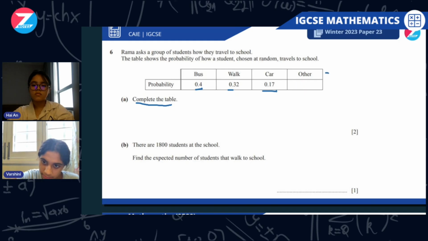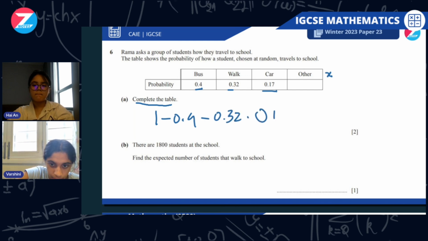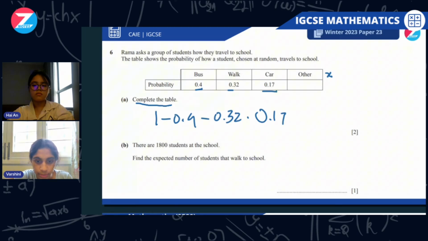So to find x, we just subtract the rest of them from 1. 1 minus 0.4 minus 0.32 minus 0.17. So you put that in your calculator, and you should get 0.11, which is our answer for other.